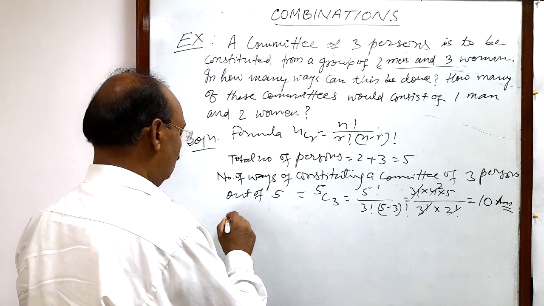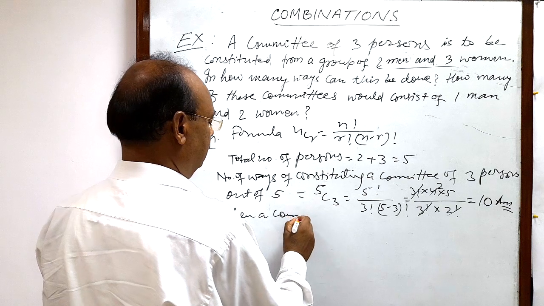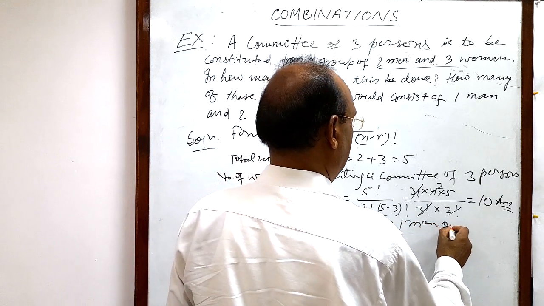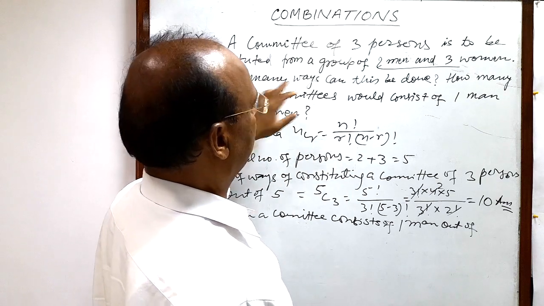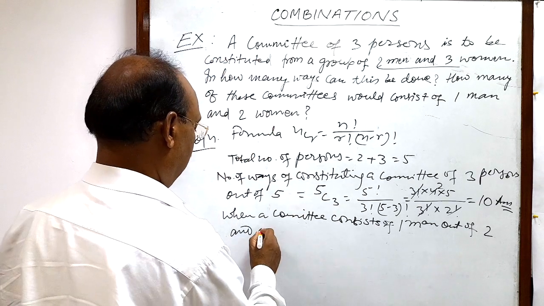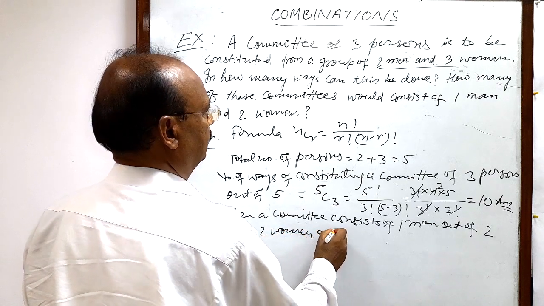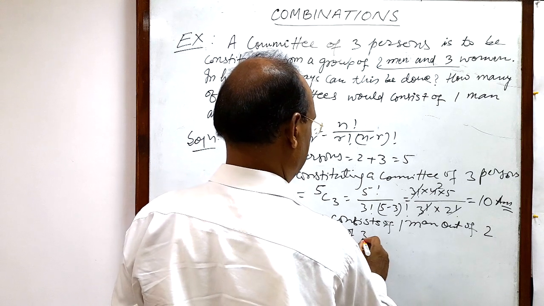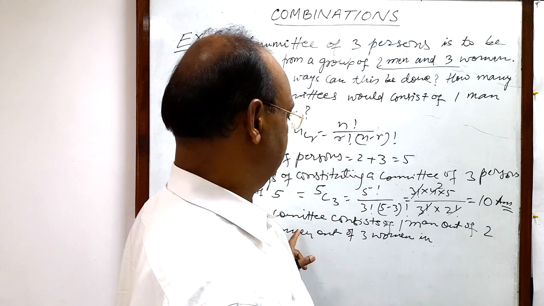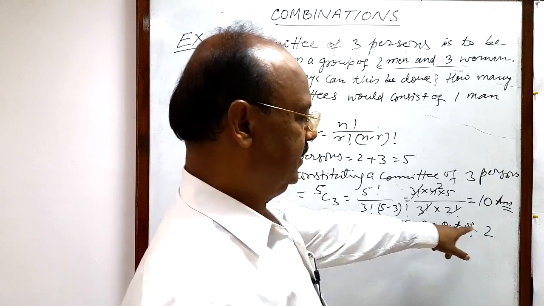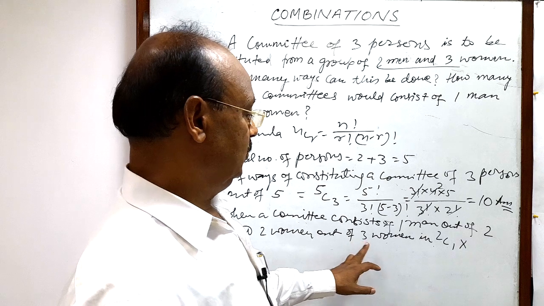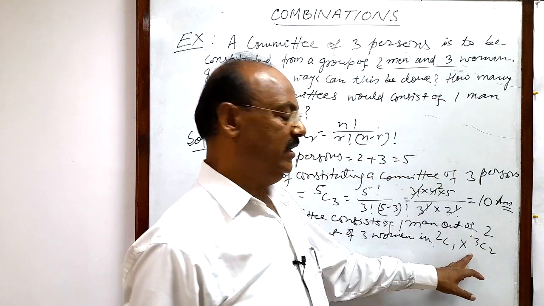So when a committee consists of 1 man out of a total of 2 men, and 2 women out of 3 women, in how many ways can it be formed? 1 man can be selected from 2 in 2C1 ways, and 2 women have to be selected out of 3, so 3C2. And why is there multiplication here?